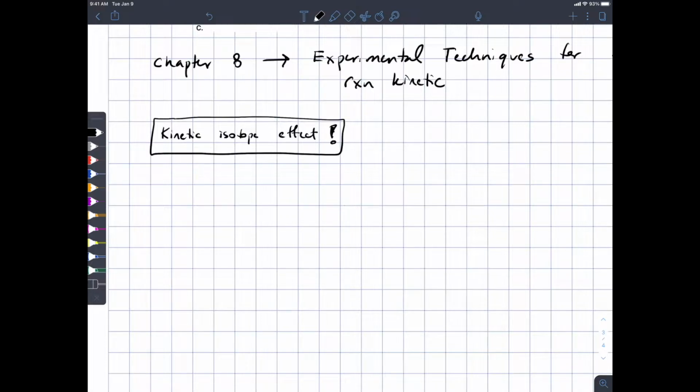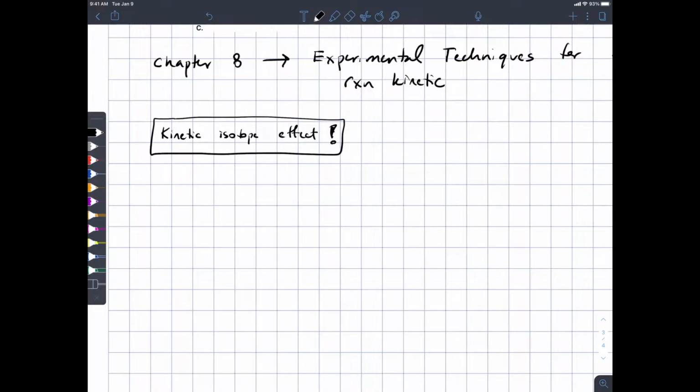When I first taught this class, I only vaguely remembered learning about kinetic isotope effects, and I thought I sort of understood them, and then the material presented here made it quite a bit more complicated than I thought it was. So, what do you know about kinetic isotope effects? What have you heard?